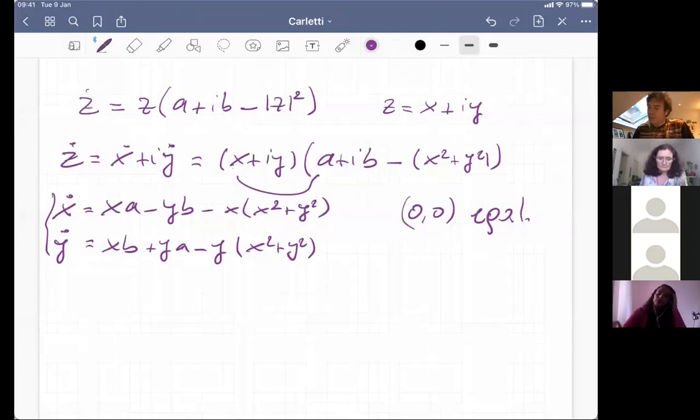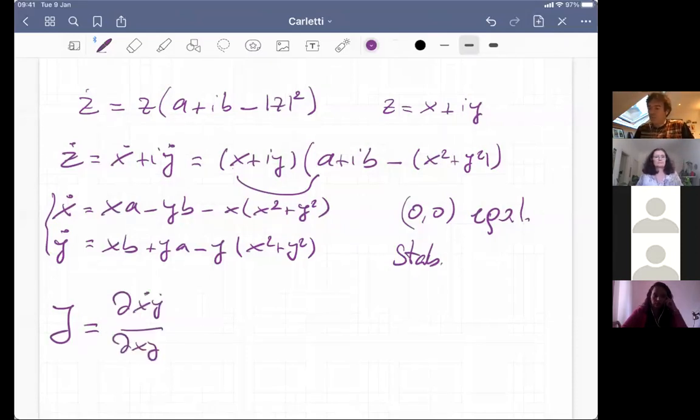And so you want to study the stability of this point. If you remember what I told you last time, you have to compute the Jacobian matrix, which is the matrix of the derivatives of the vector field, x dot and y dot, with respect to the components x and y. You should evaluate this at the equilibrium, so at 0 and 0.